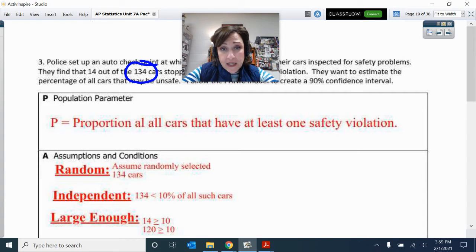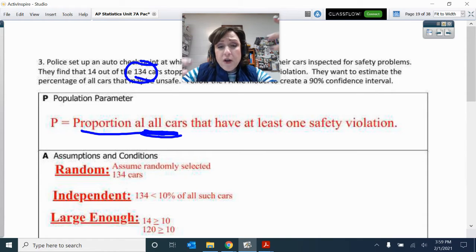That's what we have to be mindful and guard against. You have to make sure this is about all the cars, not the ones in the sample. We don't need to infer about the sample. We have that information. We need to infer from the sample about the rest.